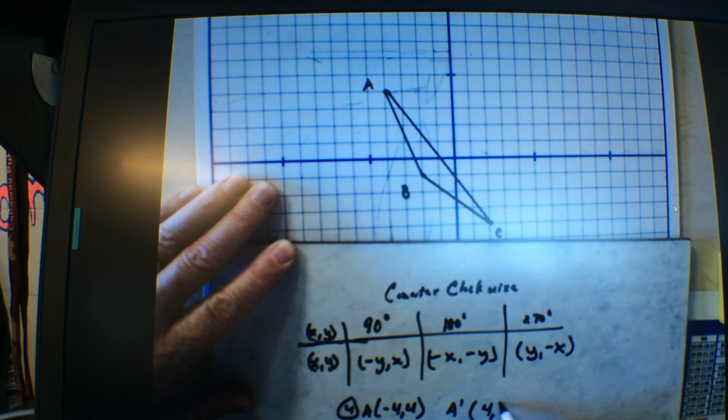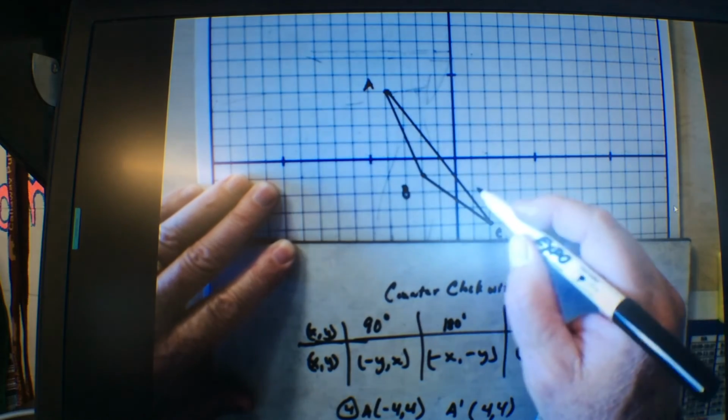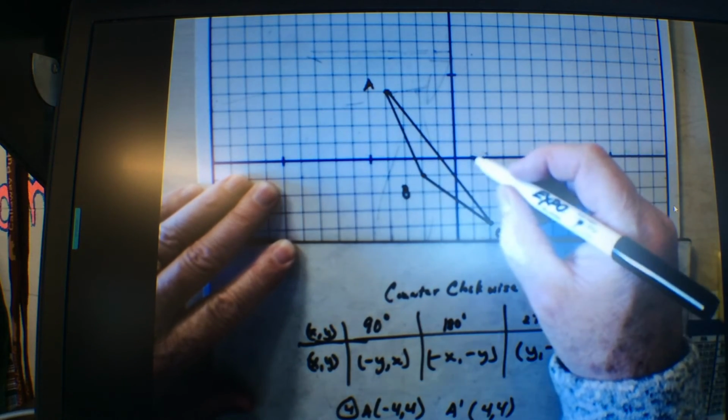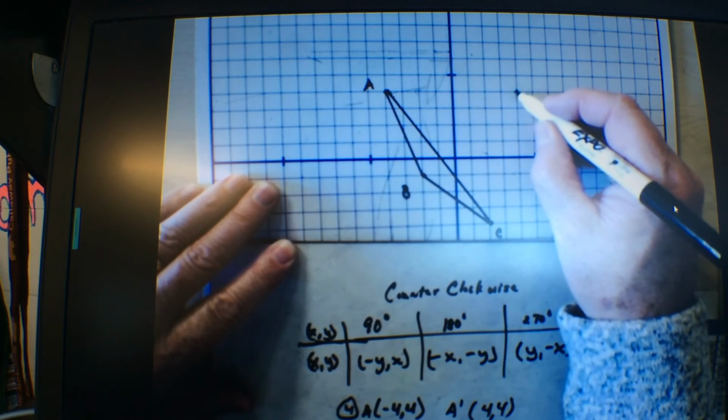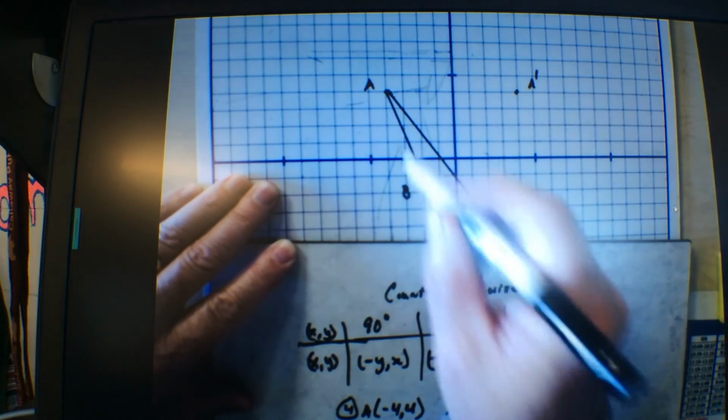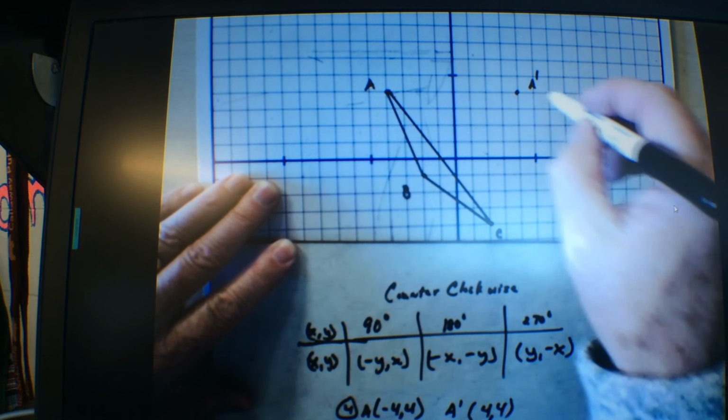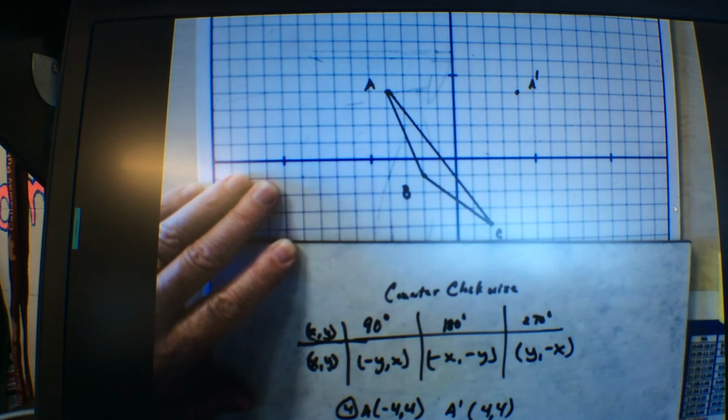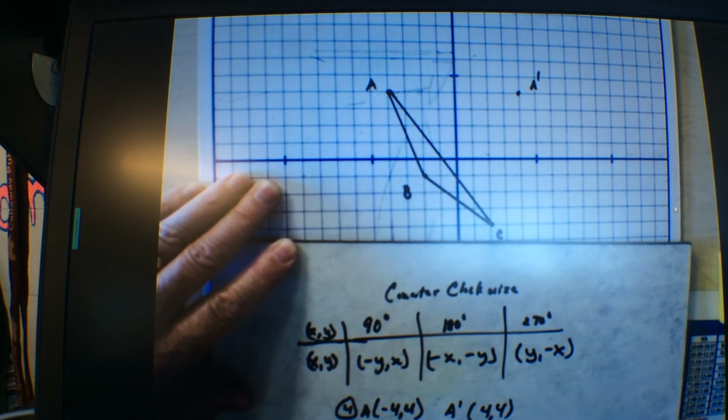A 270 rotation, counterclockwise, is this way. So 4, 4 would be 1, 2, 3, 4, up 4. Now think about this. This has to rotate 3 quadrants, because 270 degrees is 3 quadrants. So A prime is over there. Make sense? Okay, so let's go with B now.